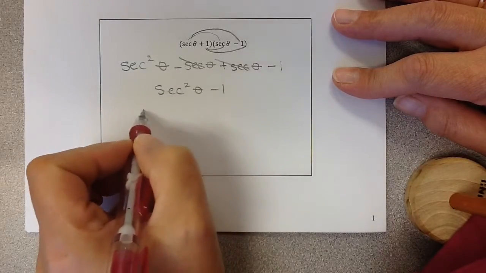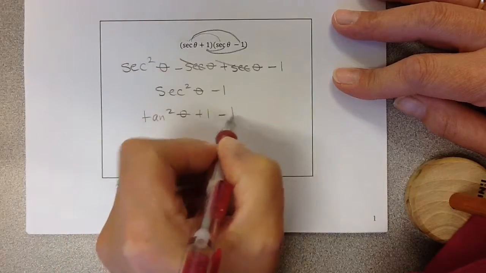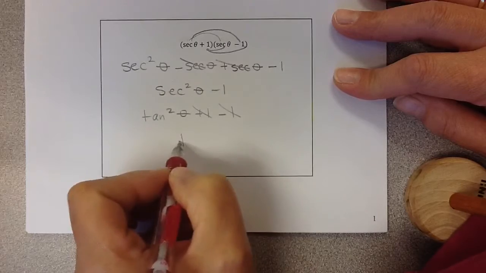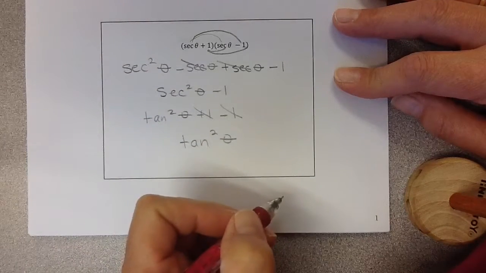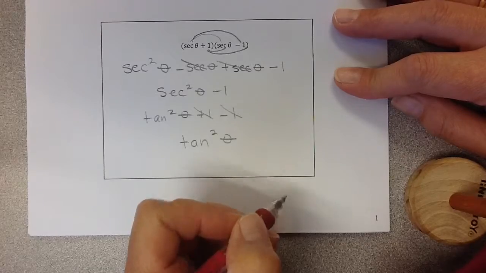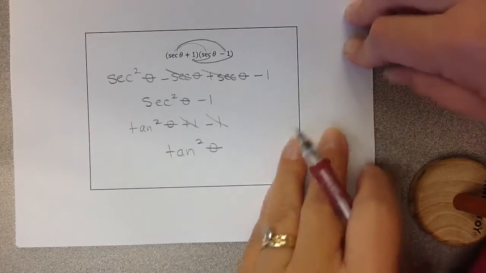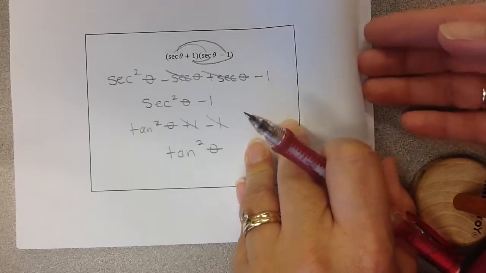And we found out that if we replaced secant squared with tangent squared plus 1, the plus 1 and the minus 1 will add up to 0, go away, leave us with tangent squared theta. Alright, so when you see parentheses, a good strategy is often to distribute and just see where it goes.